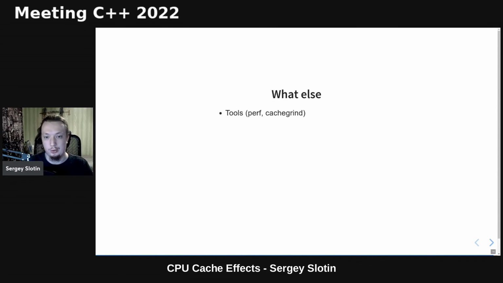So first, there are tools for memory analysis. For more complicated programs, you may want to use tools that let you measure how many cache misses or page faults your program produces. Perf and similar statistical profilers can do that, and cachegrind can also tell you where these cache misses are happening.